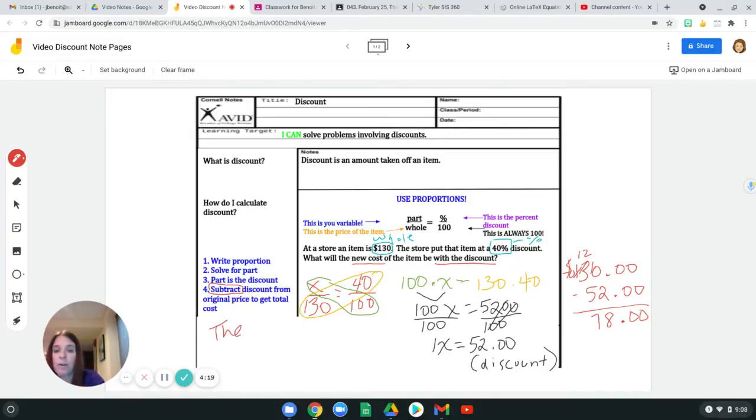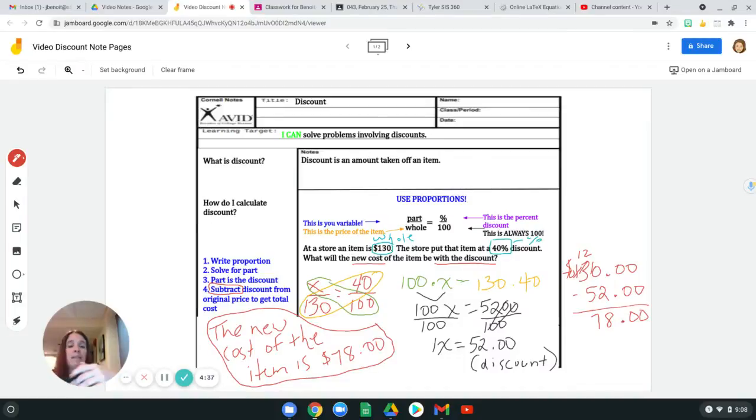So the new cost of the item is $78. Not bad. Discounts happen because it's an item that's maybe been around for a while and they're just trying to move it out of the store. Its popularity has faded. Clothing going from one season to the other, those kind of things.